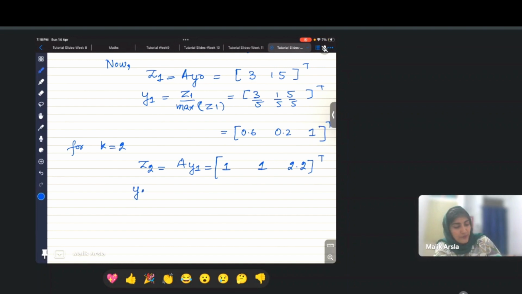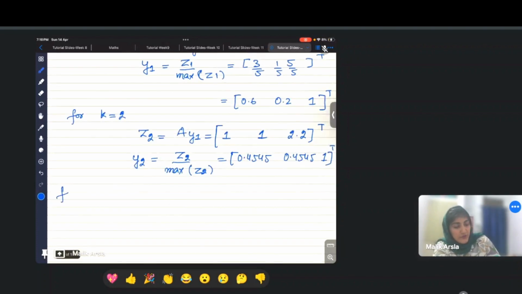Now, going for y2, it will be z2 upon the maximum absolute value of z2. The maximum absolute value of z2 here is 2.2, so you divide this whole thing by 2.2, and it comes out to be 0.4545, the second entry is also 0.4545, and the last one will be 1.